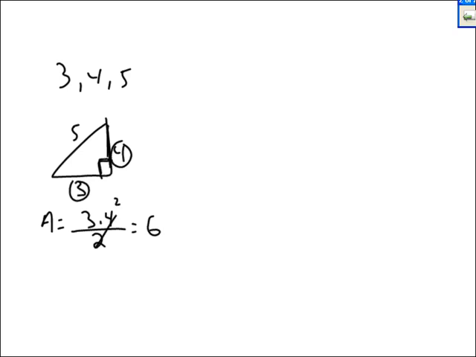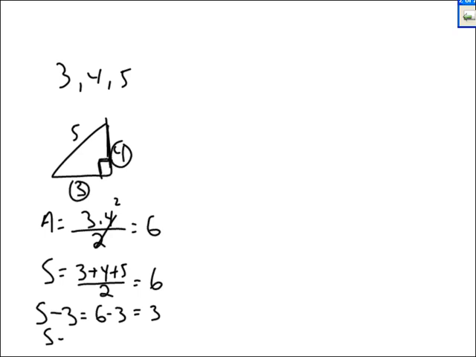But we can use Heron's formula. S is 3 plus 4 plus 5, 12, over 2, which is 6. Right. Okay, now, S minus A, 6 minus 3 is 3. And S minus B, 6 minus 4 is 2.